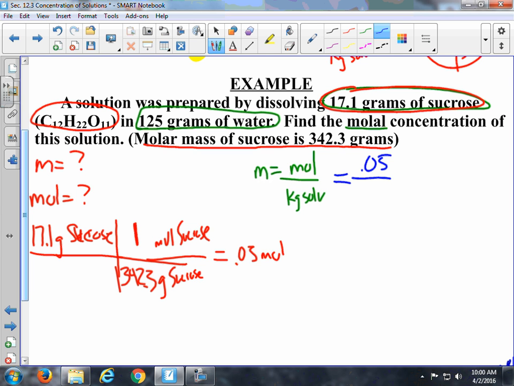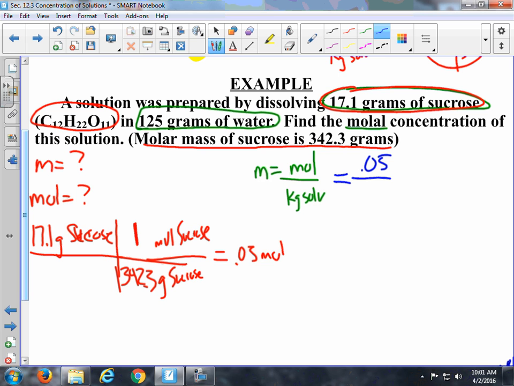Next up, divided by kilograms of solvent. Well, our solvent is water. Water pretty much dissolves lots of things. It's not quite the universal solvent, but it's darn close. In 125 grams of water. Well, grams is not kilograms. So the question becomes, how do we get grams into kilograms?